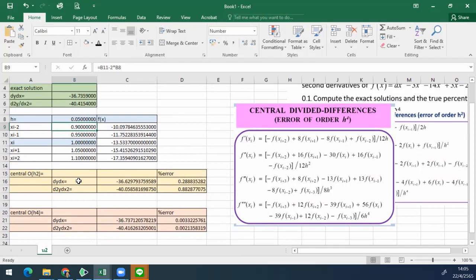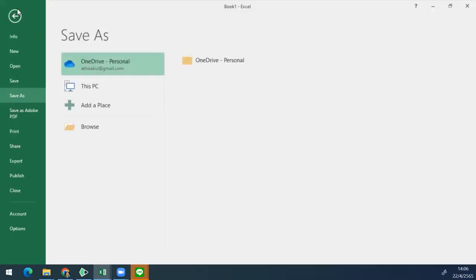It depends on the formula that we apply. If it's O(h squared), the error may be reduced to 1/4 when we reduce the size by 1/2. Then for this problem, it should be all right.